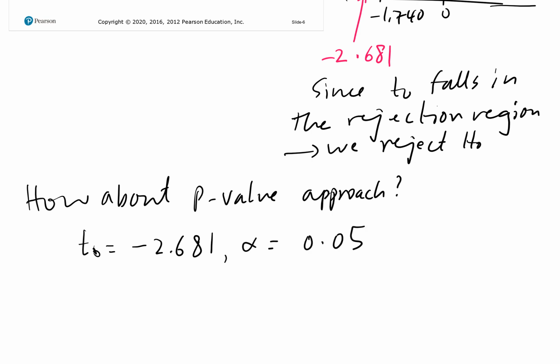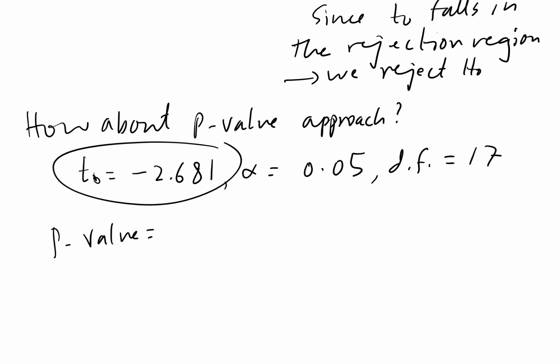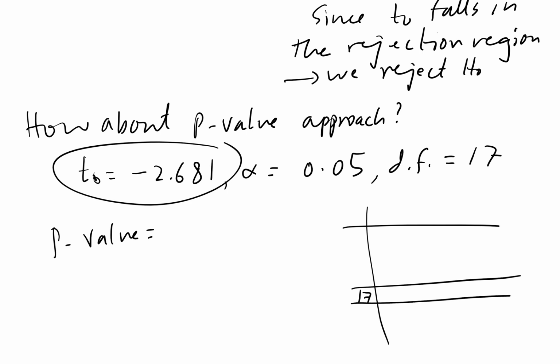So remember, the p-value is always the probability, or the area, with the given t value. And don't forget the degrees of freedom, we found 17. What I'm going to do is look on table 4, at degrees of freedom 17, and look for a value that is negative 2.681. You're not going to find the negative, but by symmetry we can look at 2.681.